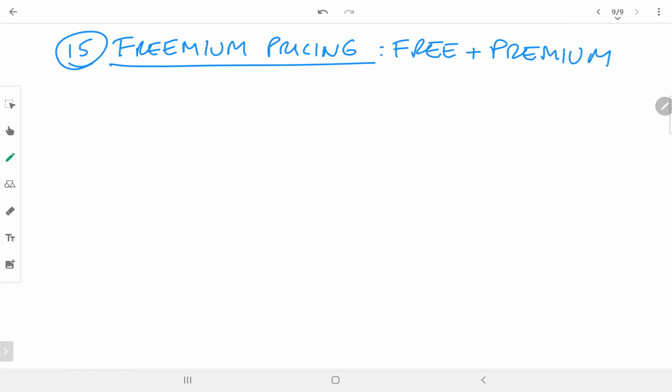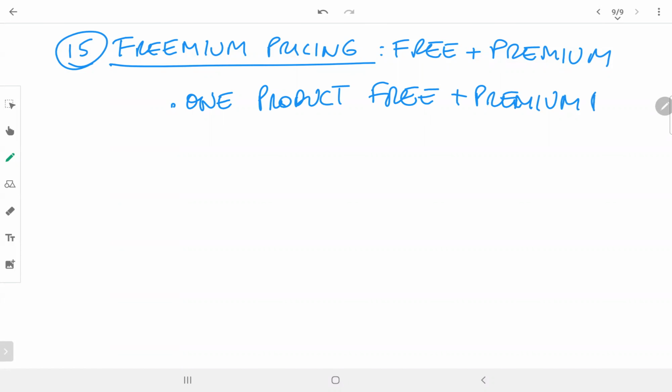For example, you get one product or service that is free, and then premium, you have to pay a premium for access or functionality.